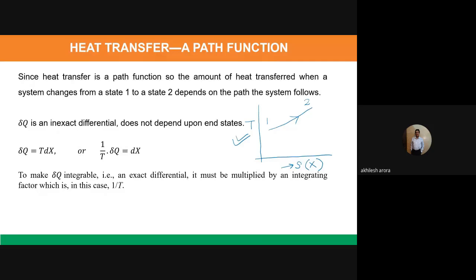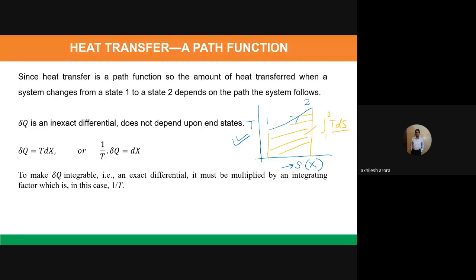So when I have to calculate the heat for this particular case, I can calculate the area under the curve. This is the area under the curve, and this represents the integral from 1 to 2 of TdS.